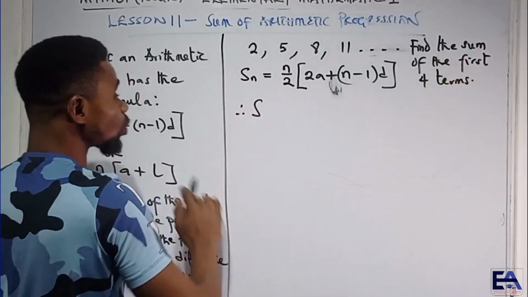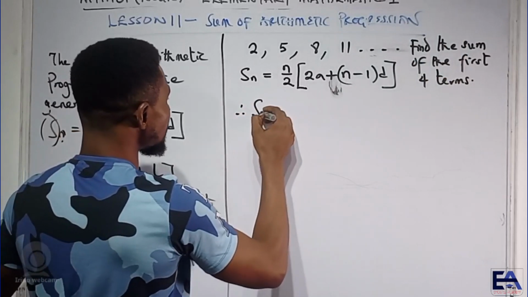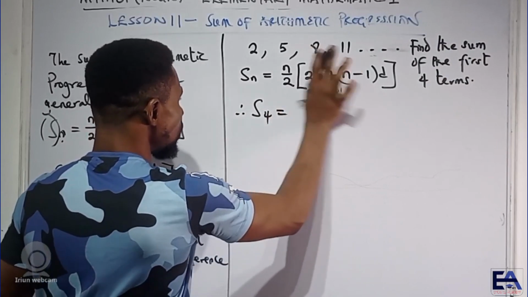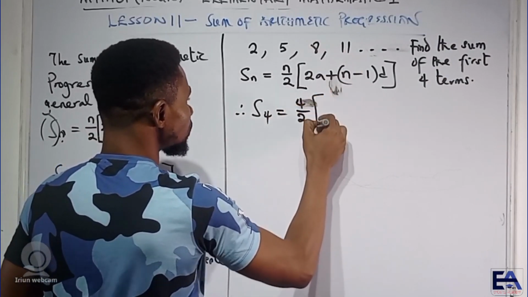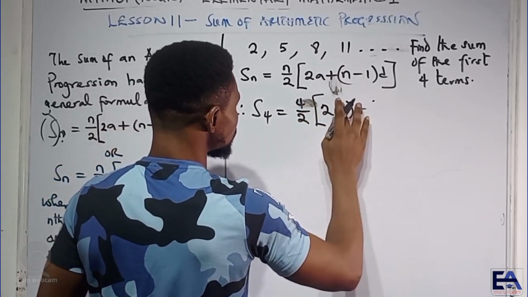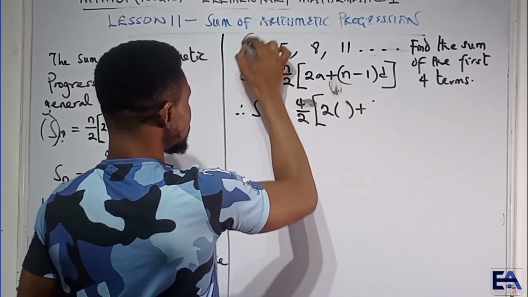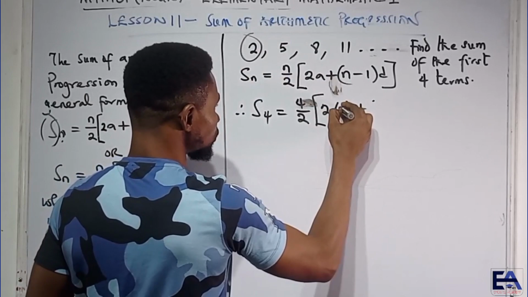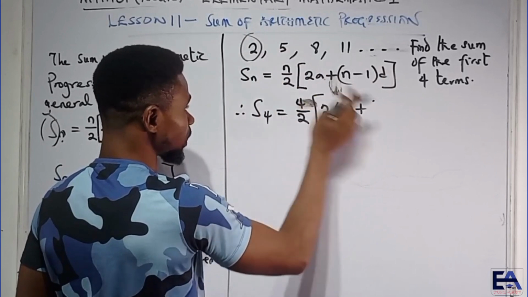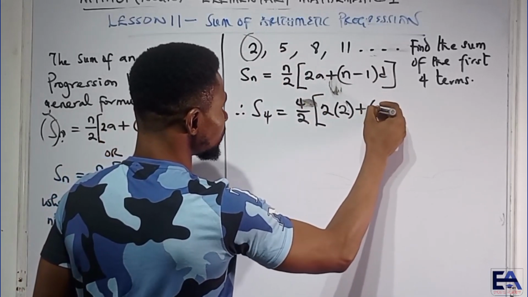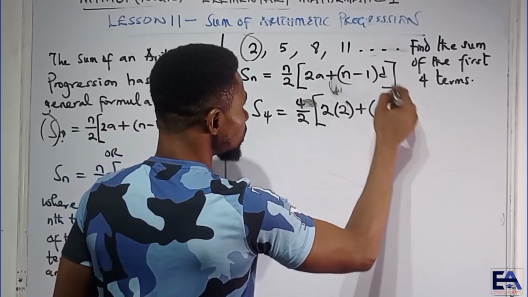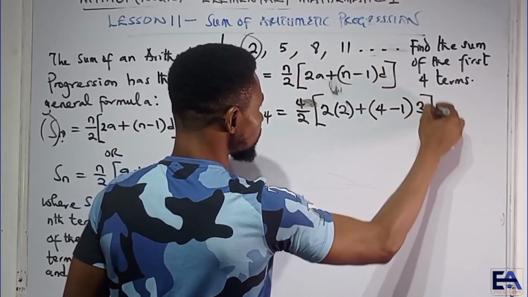So S4 will be equal to 4 divided by 2, open the bracket, 2 times a. The first term is 2, and a is always the first term. d is the common difference, the difference between any 2 terms. Then n is 4, minus 1, then d, the common difference, which is 3.